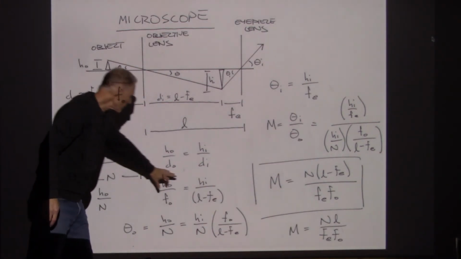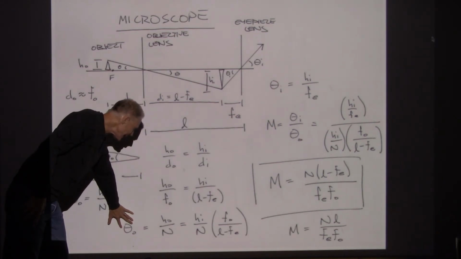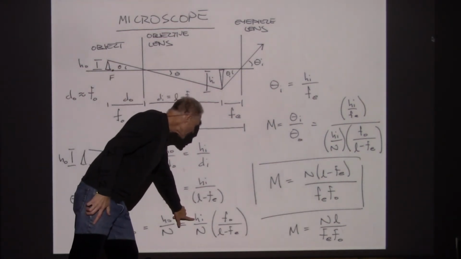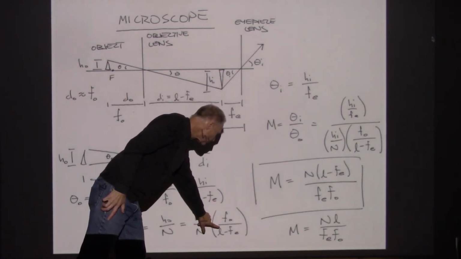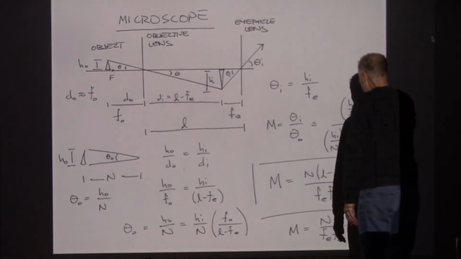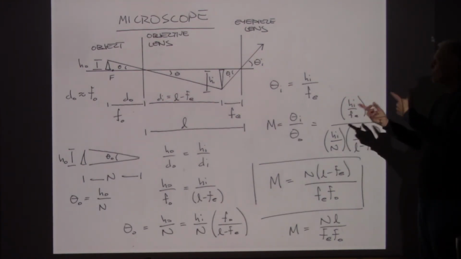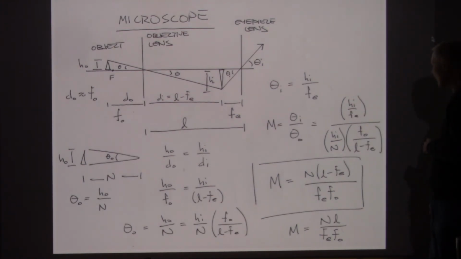So I'm plugging those in, and what that gives us is a reference angular size that is HI over N, FO objective over L minus FE. When we plug that into here, the HI's cancel. So we're always trying to get these HI's or these HO's to cancel out.